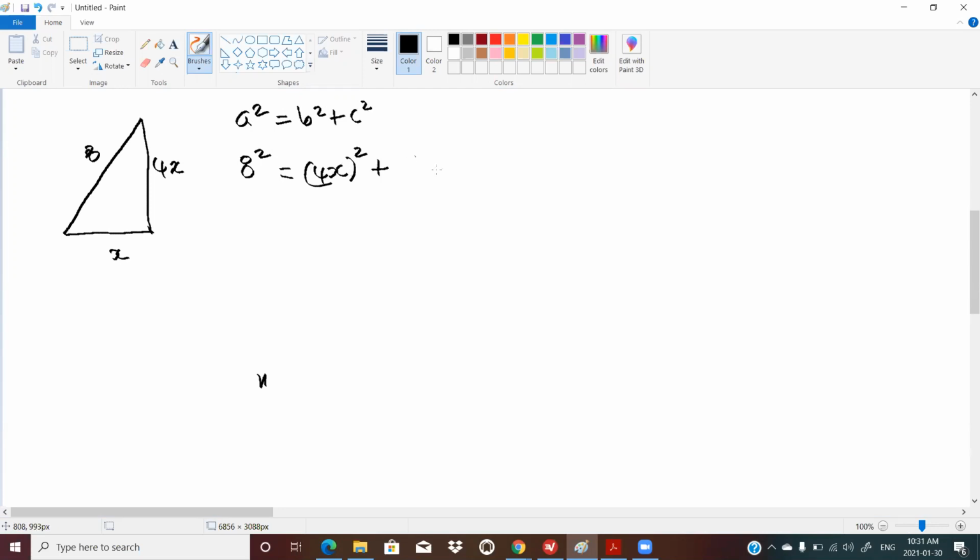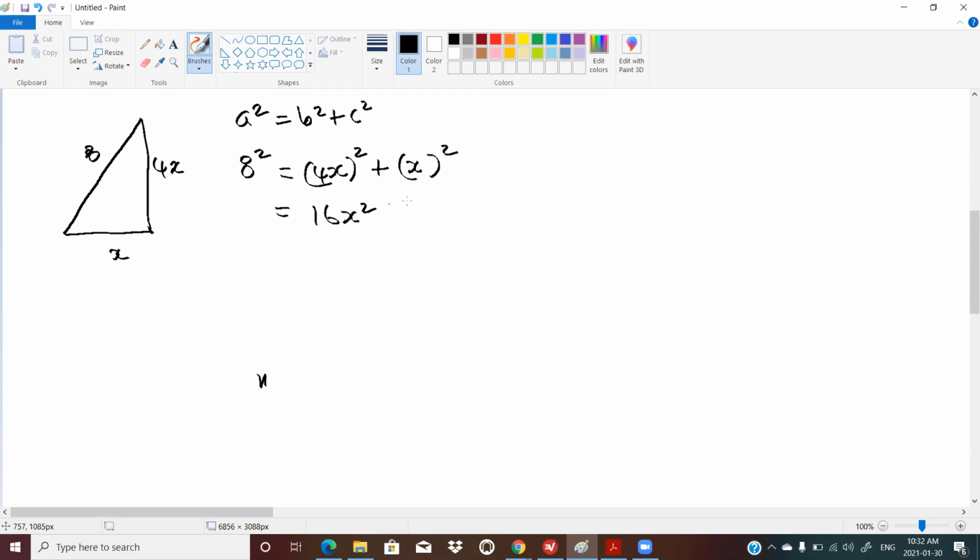All right, so I'm trying to find this. So I have 8 and then 4x and x. We know the formula is like this: 8 squared is equal to 4x squared plus x squared.